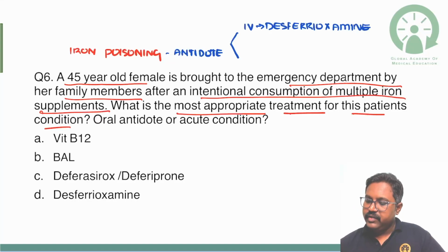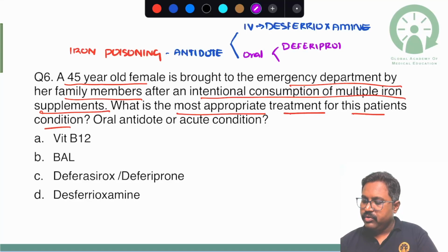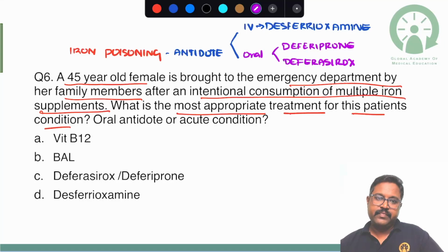If you are giving through the oral route, there are two drugs: one is deferiprone and the second one is deferasirox.